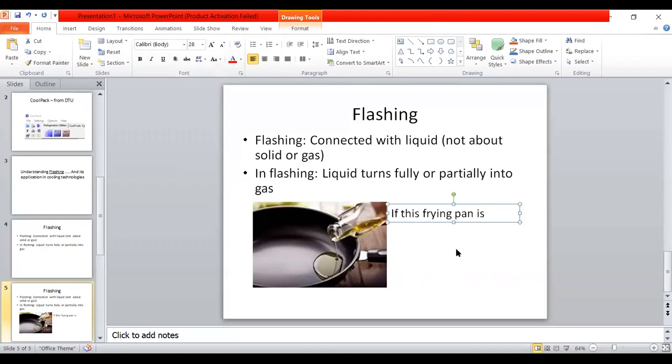Even on a small device you can see this, right? It's hot. Let's see. If this frying pan is hot, let's imagine when you pour oil, you will hear a noise.